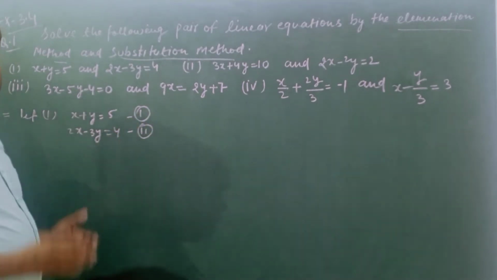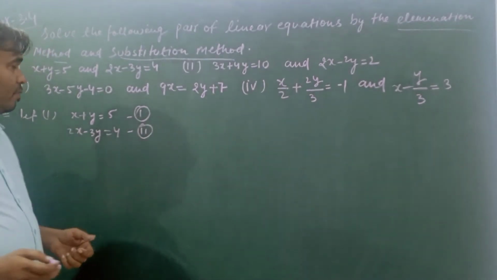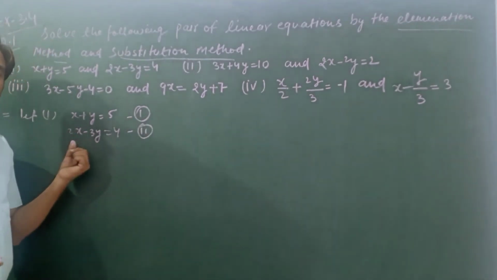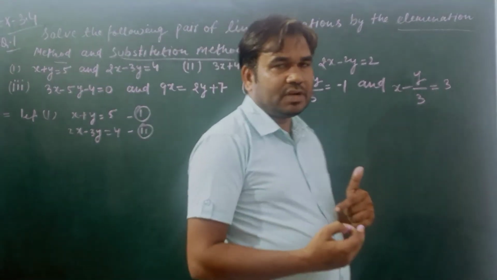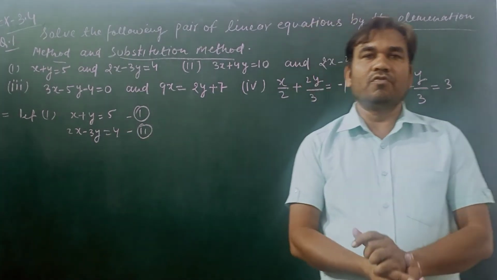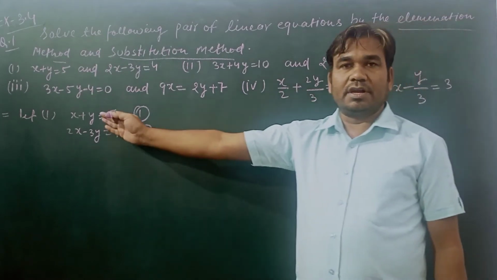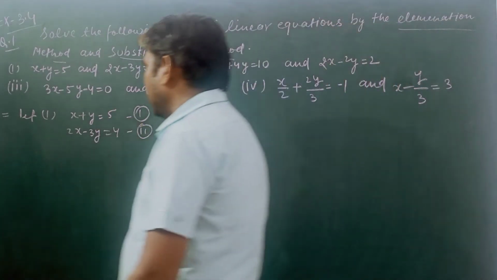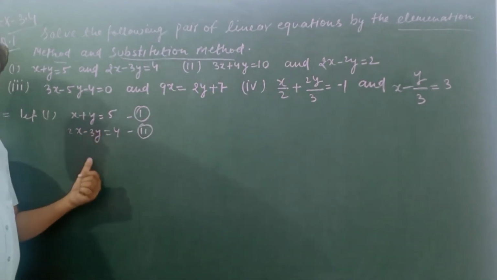In the elimination method, we first make one coefficient equal, and after that we have to remove one variable, whether it is x or y.